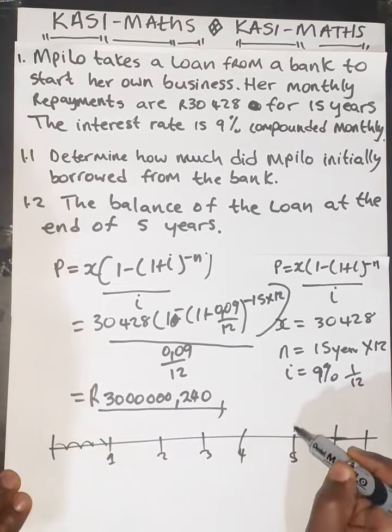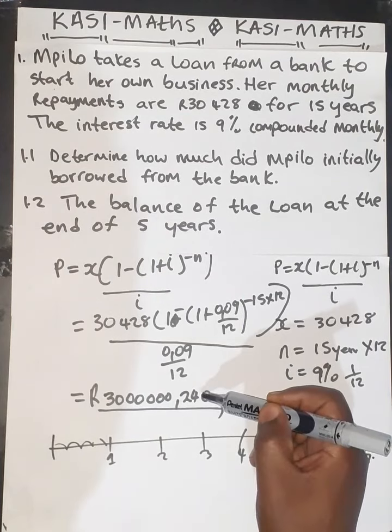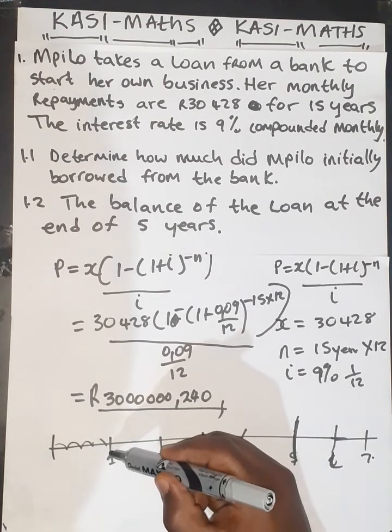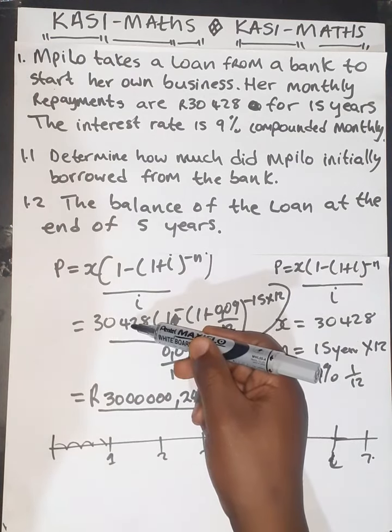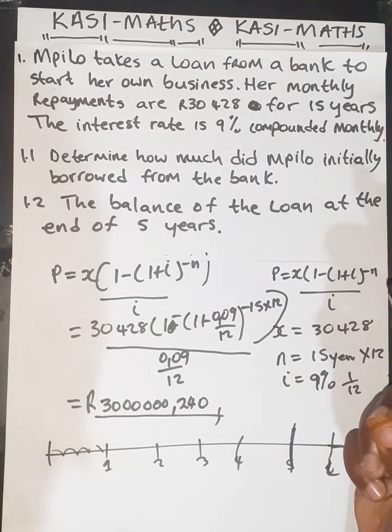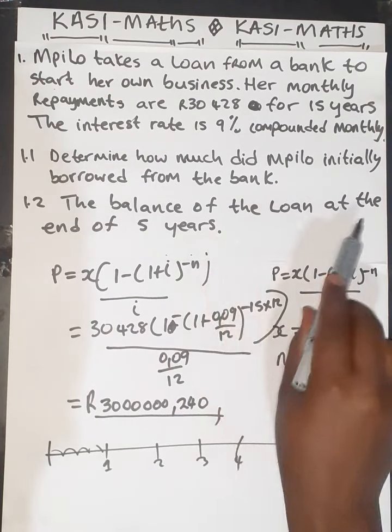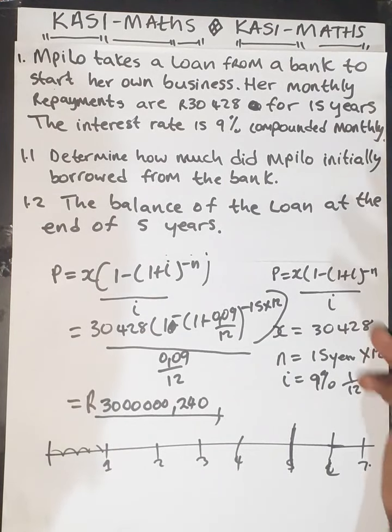We want to know, after 5 years, how much this person still owes. We know the 3 million at the bank gains interest each and every month, and the money she pays also gains interest. So we're looking for the outstanding balance, the balance of the loan at the end of 5 years.